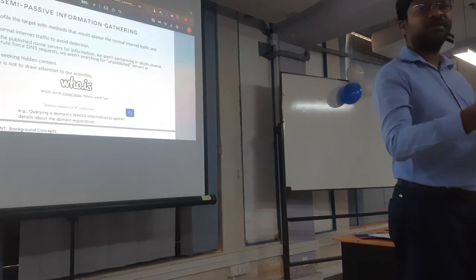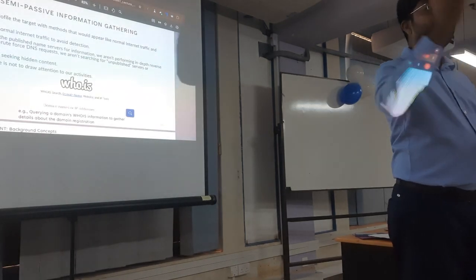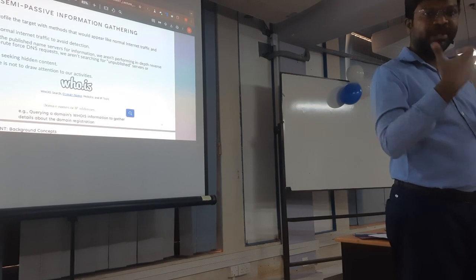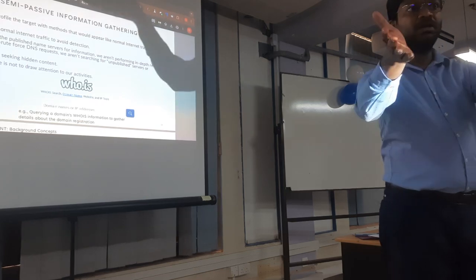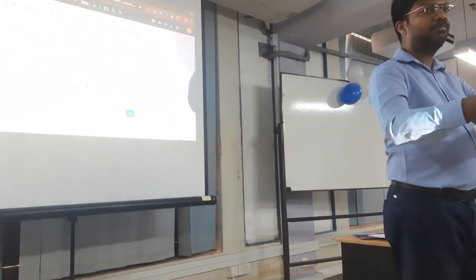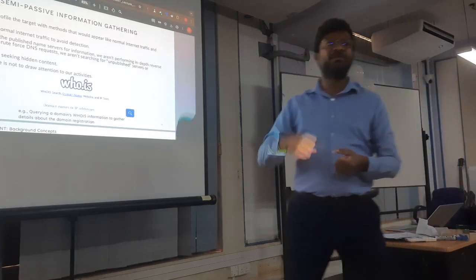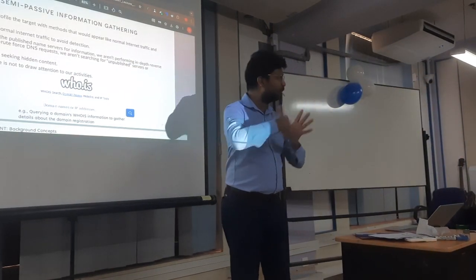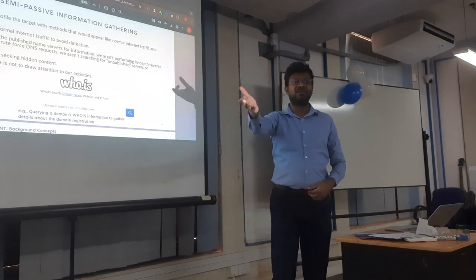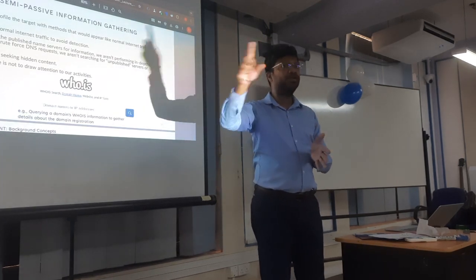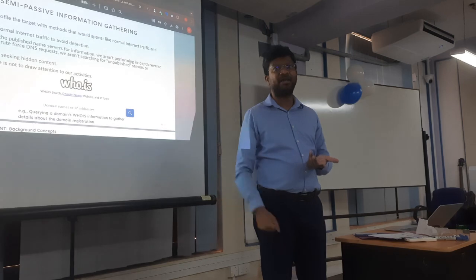So if you are doing some data gathering, and the use case here is your client has specifically stated that the target should not be aware of open source intelligence work being done on them, then the approach you have to take is semi-passive. You can of course interact with the target, like if it's a server, you can interact with the server, but it has to appear like normal traffic. You can't do brute force, things like that, right?